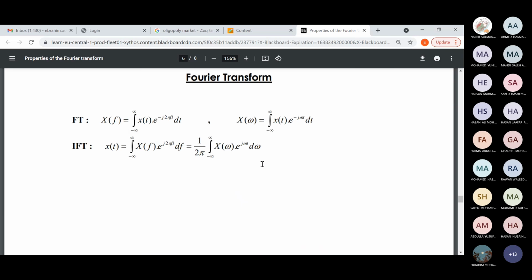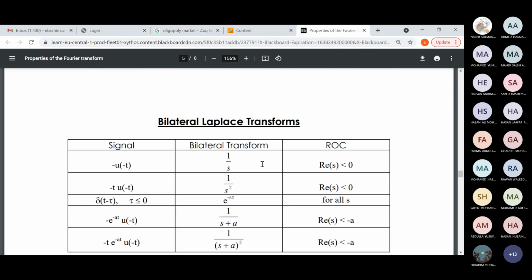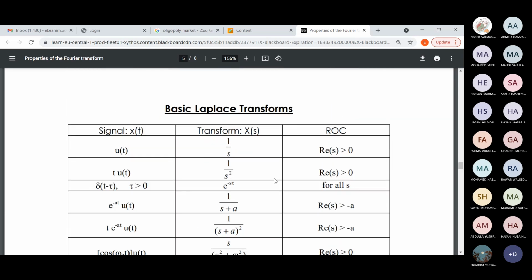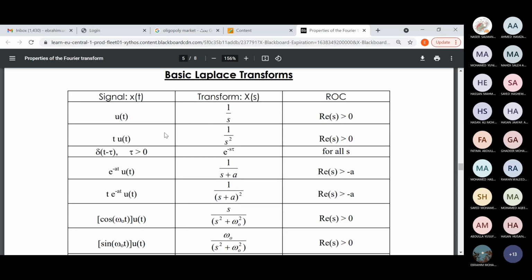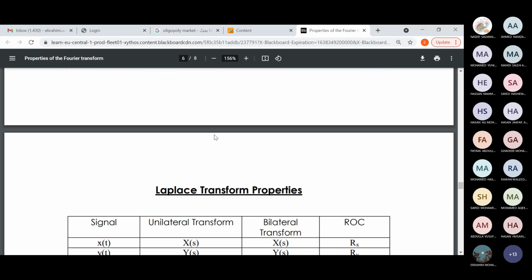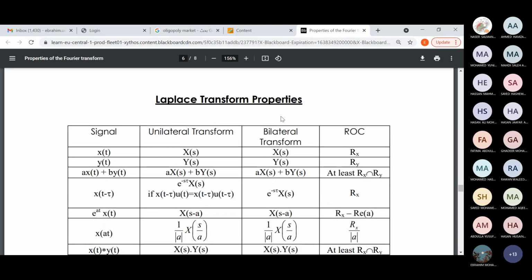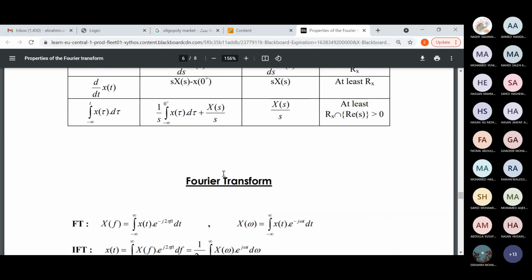Is that clear? And these are exactly the same as Laplace. For Laplace also we have the basic Laplace table of transformations, and we have the properties of Laplace. It is exactly the same.